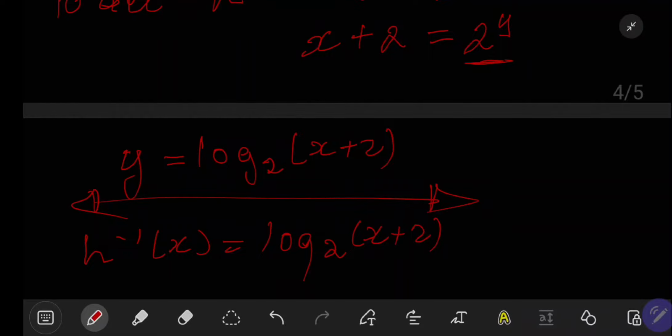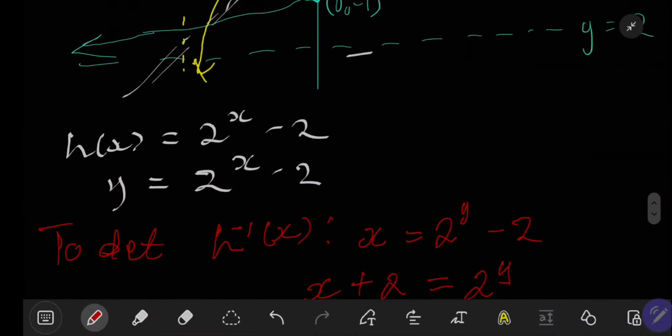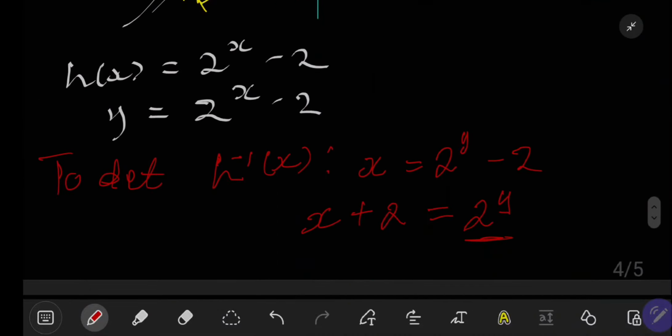So this is how we can use the knowledge of the inverse function. You just interchange and then you reflect everything about the line y equals x. So I hope it provides clarity on what exactly an inverse function is.